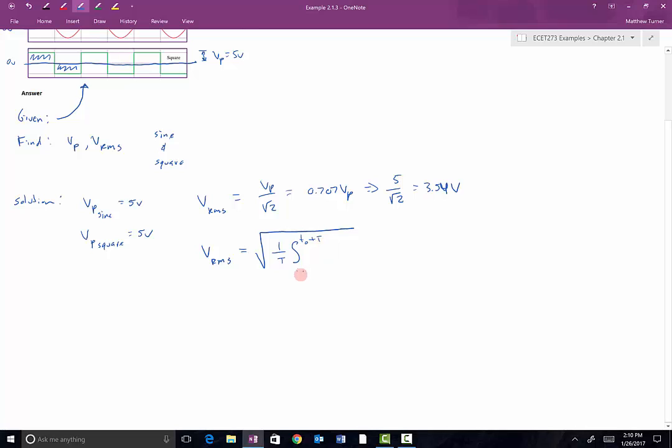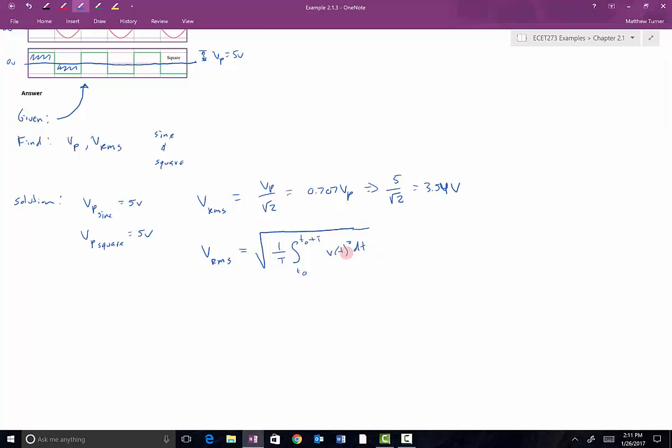We integrate over one period, so we divide that by the period to get the mean. And finally, the s is of the square of the function. I should write that as v of t since we're talking about voltages here. And since it's calculus, we need to integrate with respect to t.